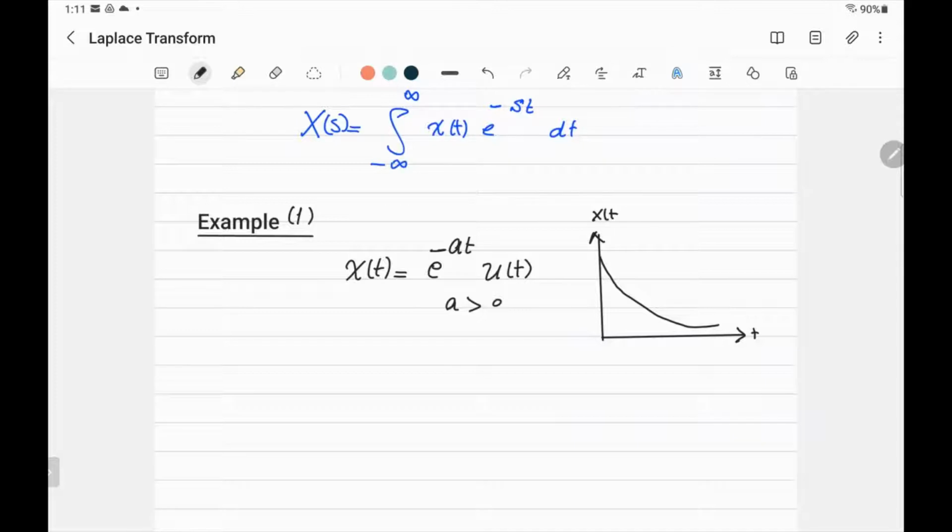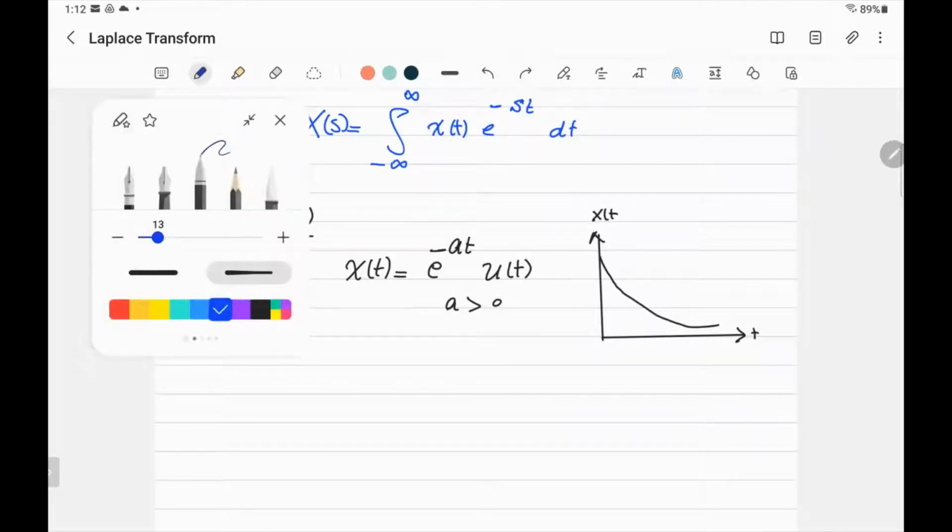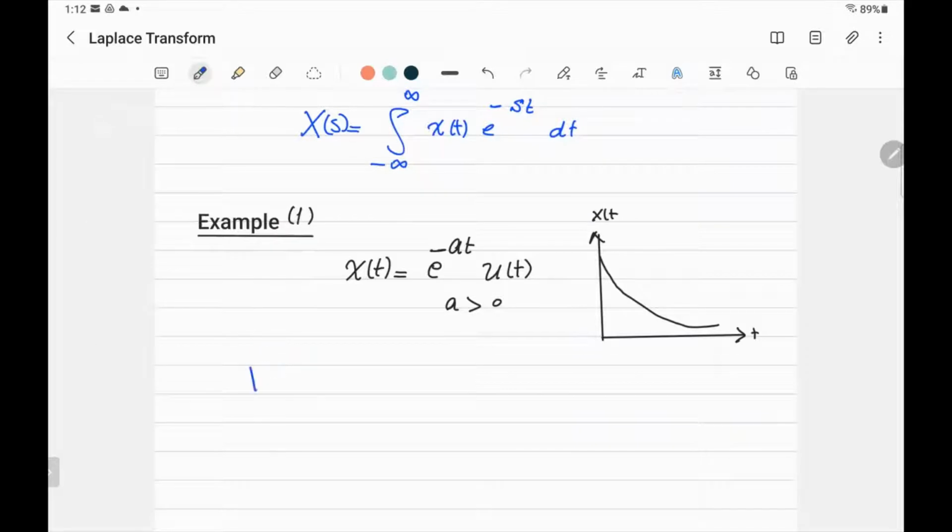So let's do the integration. We'll say X(s) is equal to the integration from minus infinity to infinity of e to the power minus at u(t), e to the power minus st dt.